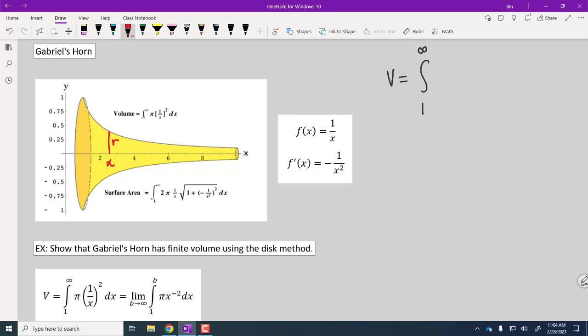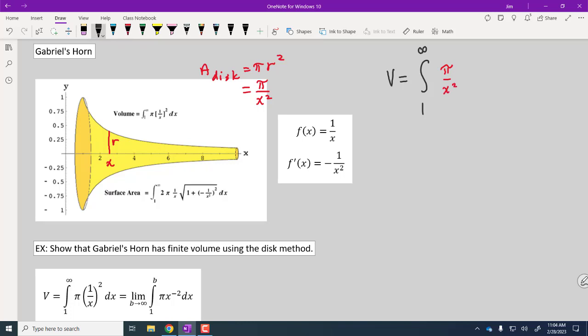You can see the disk. So area of a disk is pi r squared. r in this case is 1 over x, so we're going to get pi over x squared. So the volume is going to be the integral of pi over x squared dx.